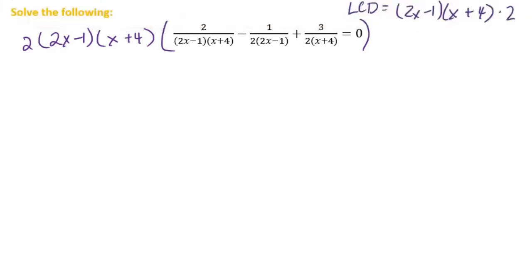So now we'll multiply each term by 2, 2x minus 1, and x plus 4.